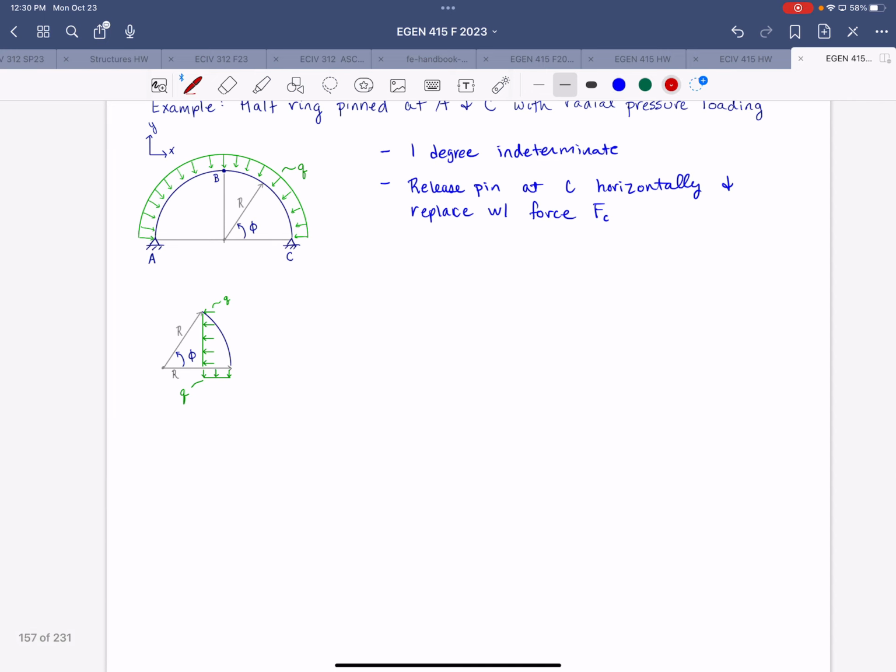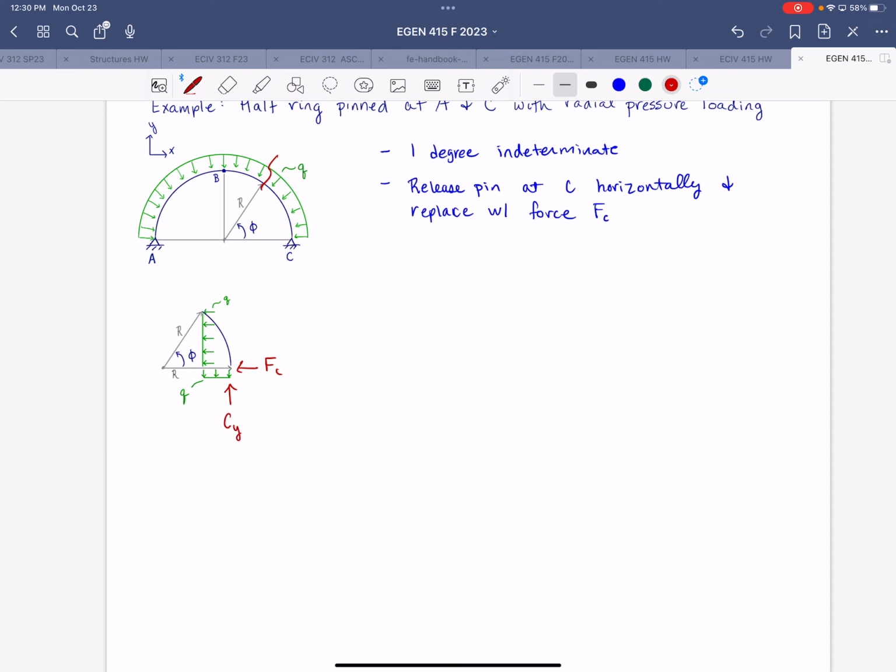This is then taking a cut and looking to the right of that cut. We have FC involved there. We also have our vertical reaction, we'll call that CY.